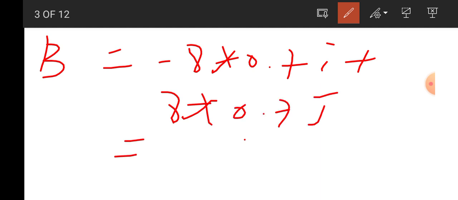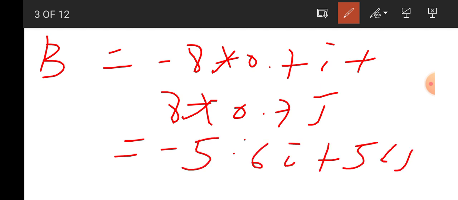So this is equal to minus 5.6 in the I plus 5.6 in the J direction. This is vector B.